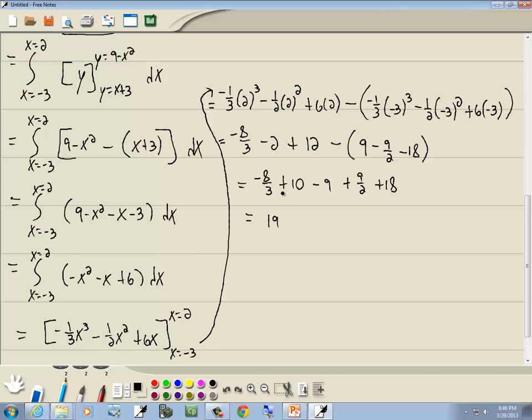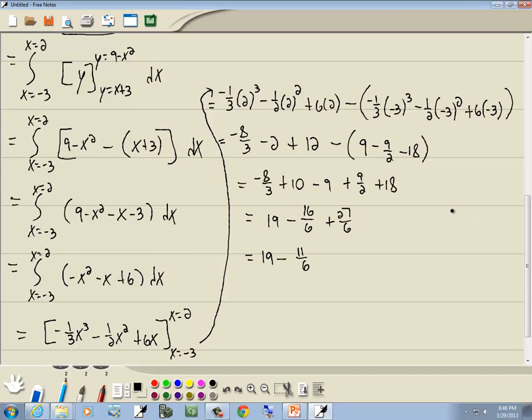And let me go ahead and get a common denominator of 6. So minus, multiply the bottom part by 2, top part by 2, so we got 16/6. And this one becomes, multiply the bottom part by 3, top part by 3, so we got 27/6. Which gives us 19 minus 27 minus 16. Was that 11/6?